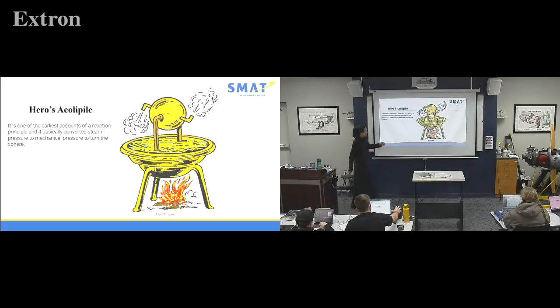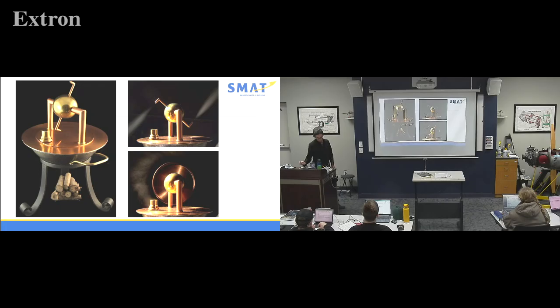He filled this with water and lit a fire underneath it, converting the water into steam, and the steam escaped out of these little ducts, creating a reaction force, and it spun. There's a cool model of it, I forget what museum it's in.